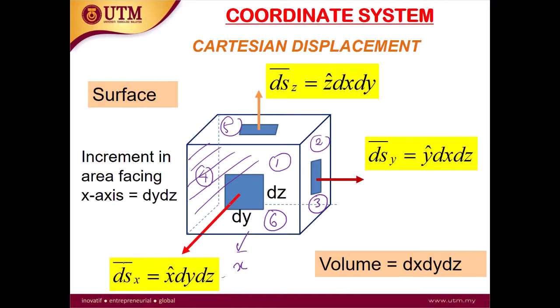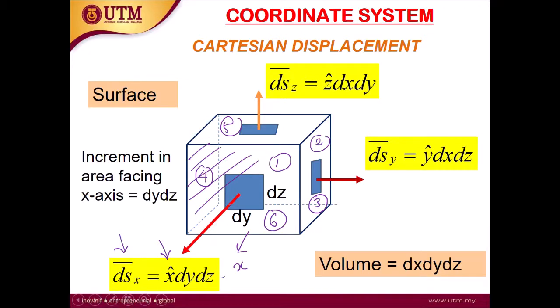So we define it as ds x bar, meaning that the surface is facing the x direction. We can define the surface by the increment along the y-axis, which is dy, and the increment along the z-axis, so we have dy and dz. And the surface is normal to the positive x-axis, so we put x.